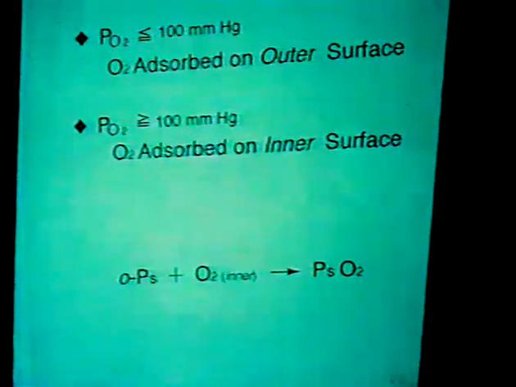In the absorption isotherm, oxygen at pressure less than 100 millimeters Hg is absorbed on the outer surface of sepiolite, and oxygen at pressure larger than 100 millimeters Hg is absorbed on the inner surface.